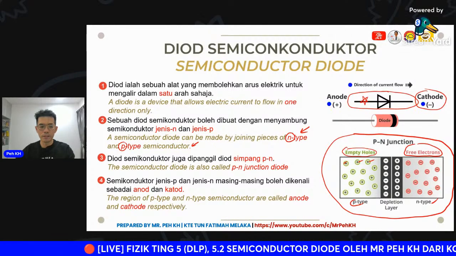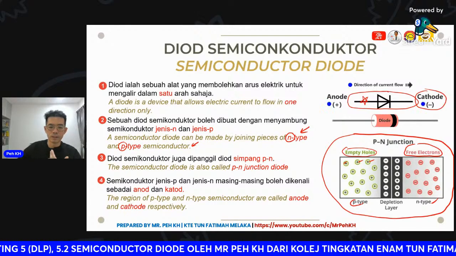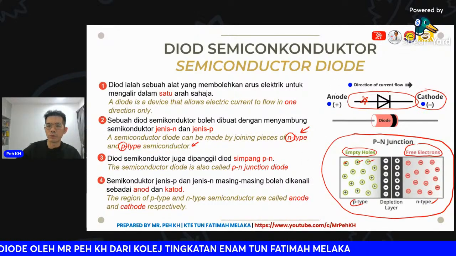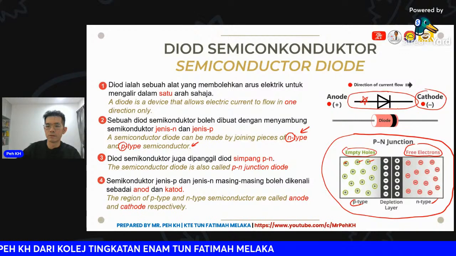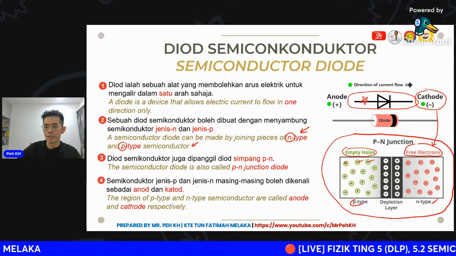So the P-type semiconductor can be considered as the anode, as you can see from this symbol. Then the cathode is the N-type semiconductor here.